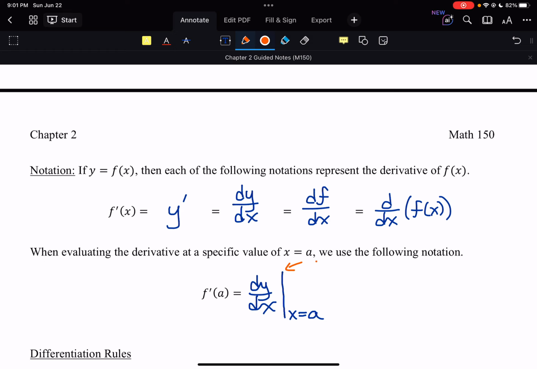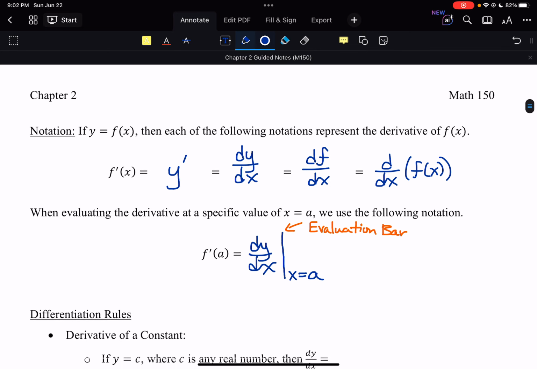So again, this is an evaluation bar. Just in case you encounter that notation anywhere, you'll know what that means. That just means we're plugging in that specific value.